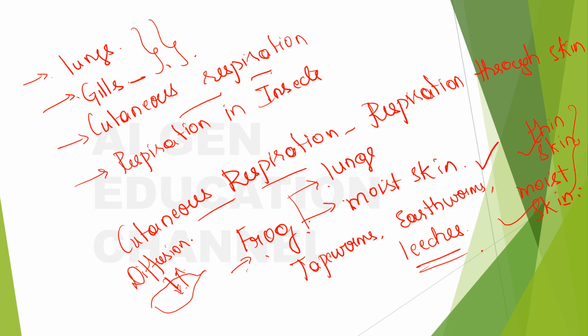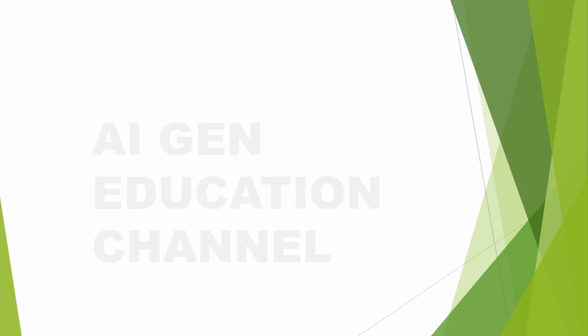Next we shall look into respiration in insects, such as cockroaches, grasshoppers, etc. The peculiarity that you have to understand here is that in whatever mechanisms of respiration we have seen till now, the blood is predominantly used to transport the gases.